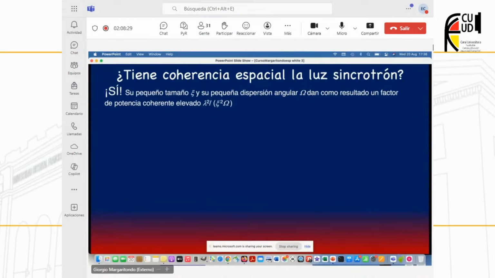This is how we applied the analogy of a torchlight. So these parameters for synchrotron radiation are very small. The coherent power is very high. We have a lot of spatial coherence. Now, this realization allows us to expand things a little bit and discover a number of other important properties.